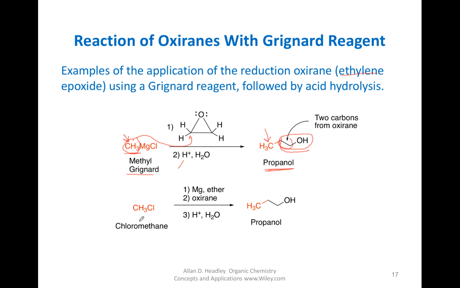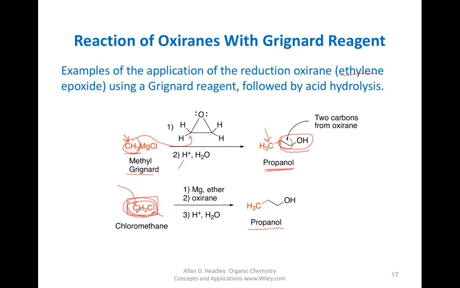Here's another variation. If you had as your starting material methyl chloride, can you make the same product here? Yes, you can, because this will not react with the oxirane or the epoxide, because this carbon here presently is not negative. In fact, it is partially positive because it is bonded to a very electronegative chlorine.